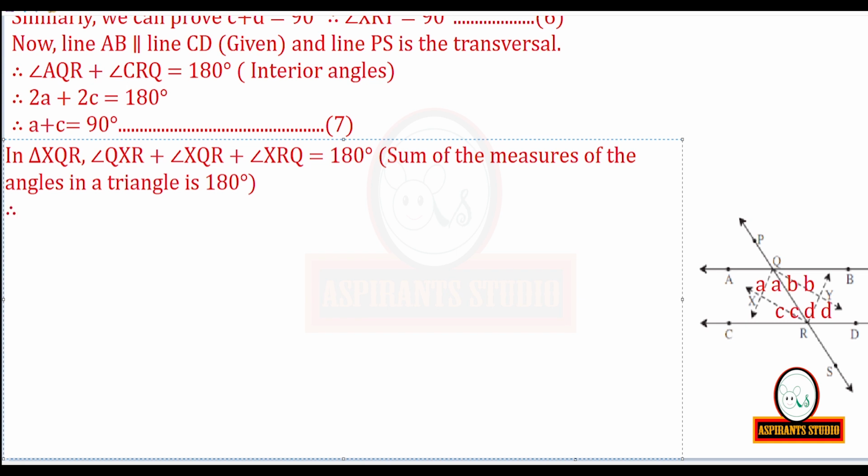In 1 we have measure of angle RQX is equal to A, and in 3 we have measure of angle QRX to be equal to C. So substitute those values here. So we get measure of angle QXR plus A plus C is equal to 180 degrees. Within brackets you write the reason from equations 1 and 3.